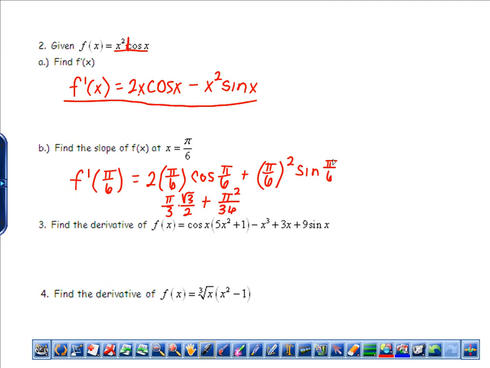And sine of pi over 6 is sine of 30, which is 1/2. And so this actually would be okay. Since we're actually finding slope, it would probably be a little bit better if you went ahead and took it just a step further. And if we wrote this as square root of 3 pi over 6 plus pi squared over 72. We're not having a function.